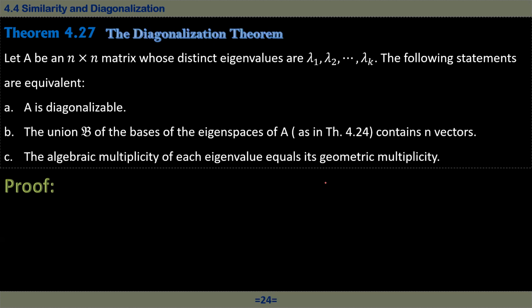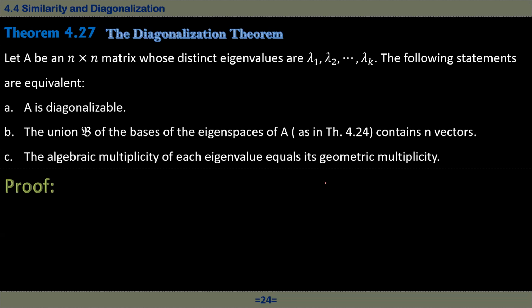That's the last theorem of this session. If A is an n by n matrix whose distinct eigenvalues are lambda 1, lambda 2, up to lambda k, the following statements are equivalent. Now you're familiar with this concept: when we say equivalence, if one is true, all of these statements must be true. If one is not true, then none of them is true.